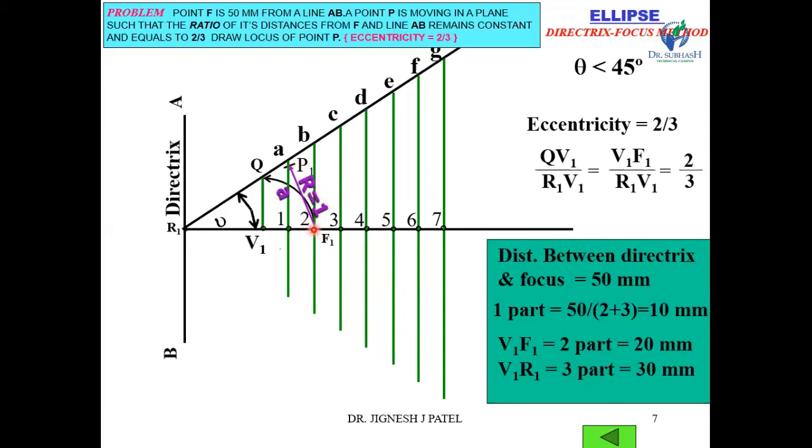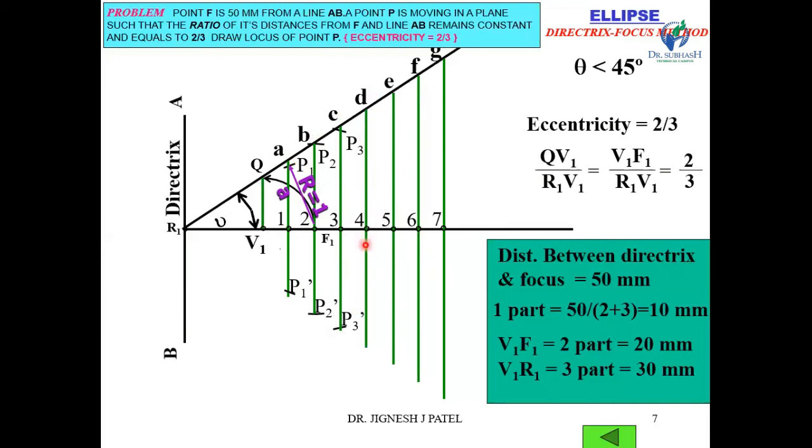Now center F1, radius 2B, and draw arcs on both sides. These points are P2, P2 dash. Now radius 3C, center F1, and draw an arc; the points are P3, P3 dash.